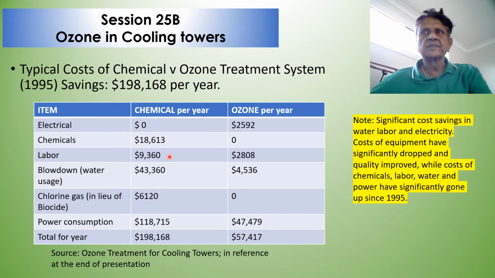Again, in 2021, it should be maybe double or triple. Whereas your labor cost for ozone is only about $2,800 a year, compared to that of the chemical, which is approximately 1/4.